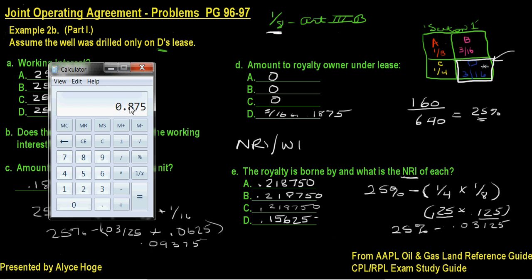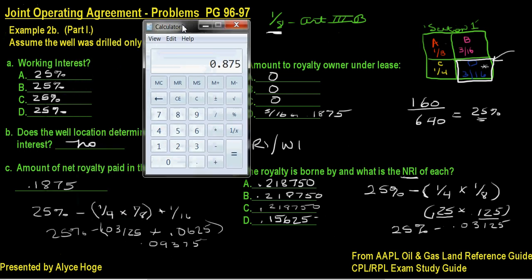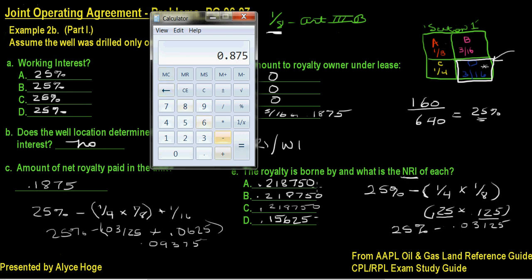That's how much of each well they're going to get to keep as profits. They have to pay the amount over this, but what they get to keep is this 87.5% out of every barrel of oil. So that's a pretty good return. We usually don't go lower than 75.